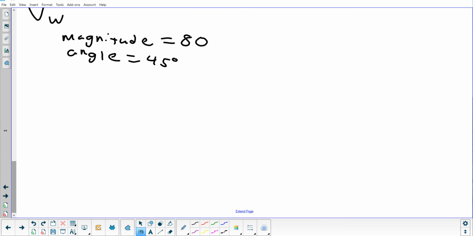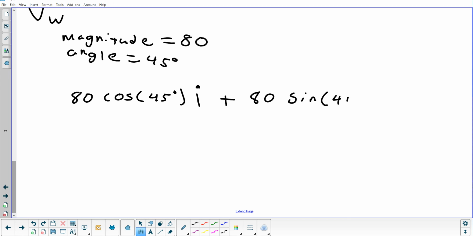Now use what we learned yesterday and turn that into a velocity vector. Magnitude, what trig function do we use for the horizontal? Cosine. i plus magnitude, what trig function do we use for the vertical? Sine 45.